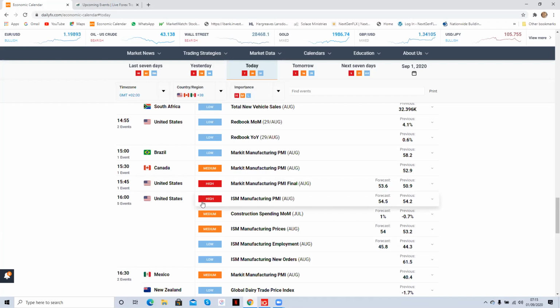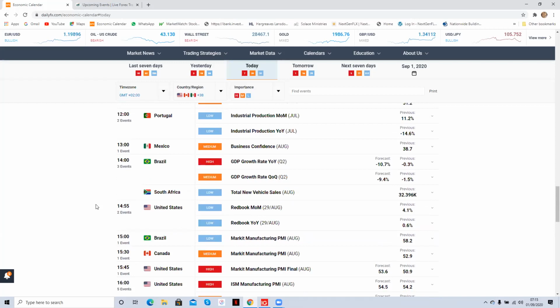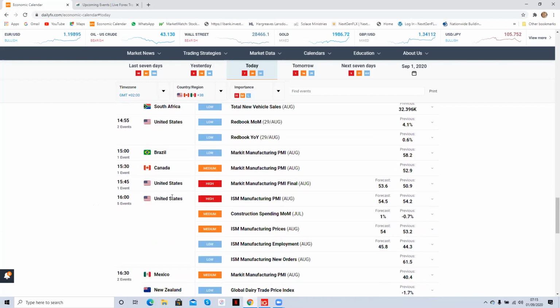there are always exceptions to the rules. You have to take each day on its own merit. And today is a good example. So we're trading the euro US dollar. This is the last report of high importance today at 4 out of the United States that could impact the euro US dollar.